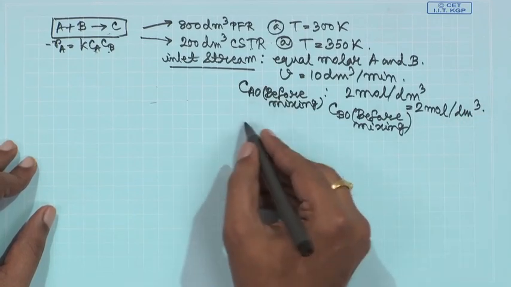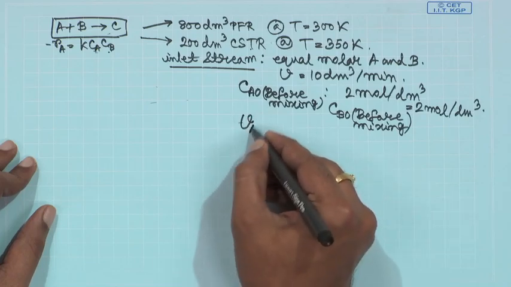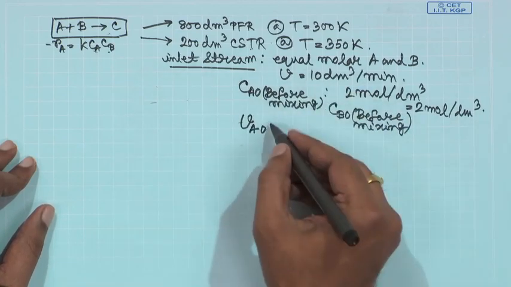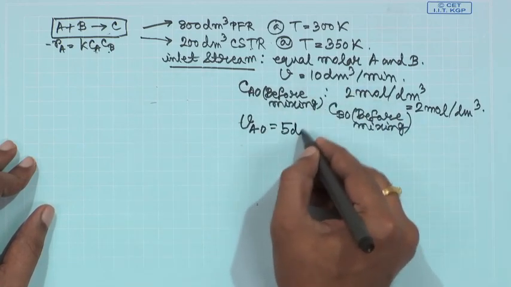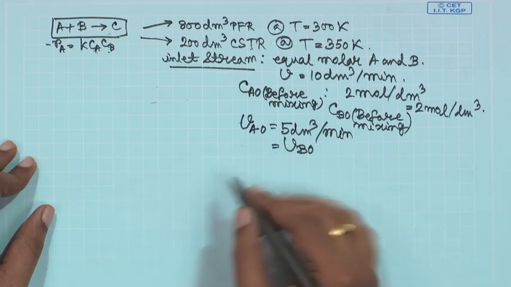The volumetric flow rate of A before mixing is 5 decimeter cube per minute, the same as the volumetric flow rate of B.